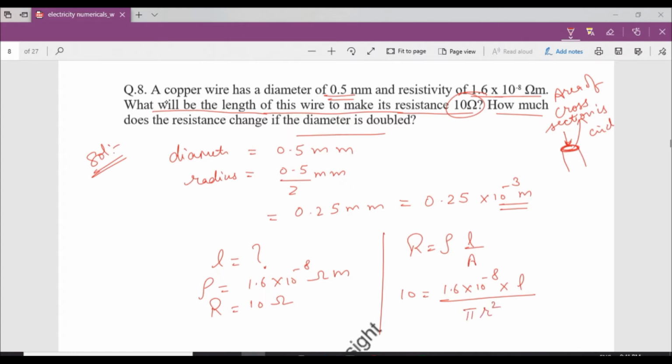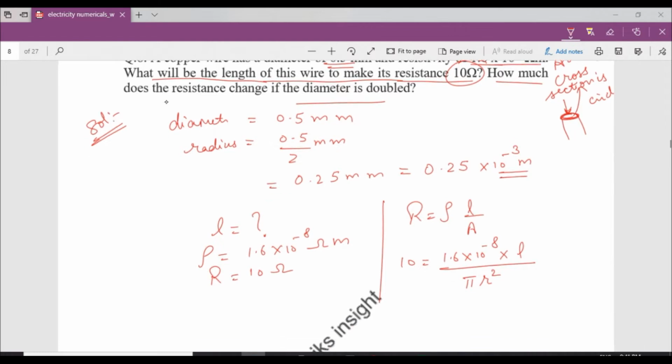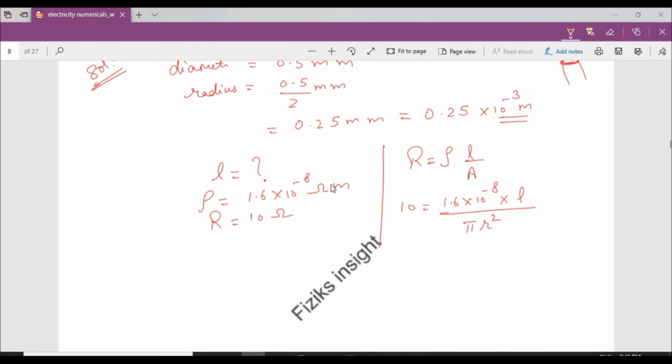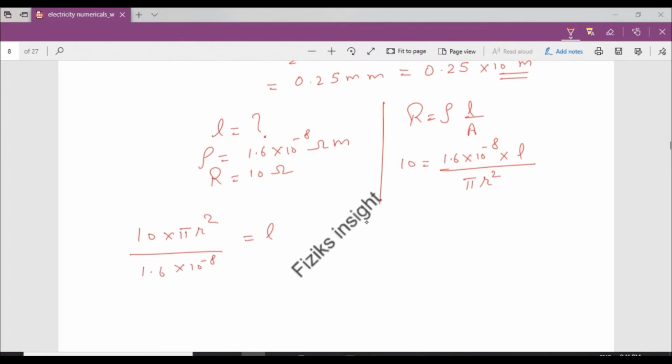Proceeding to the calculations ahead, we write it as 10 into pi r square over 1.6 into 10 raised to the power minus 8 is equal to L. Here we substitute the value of pi as 22 by 7 and r square will be (0.25 into 10 raised to the power minus 3) square.